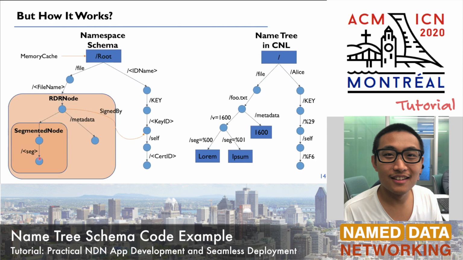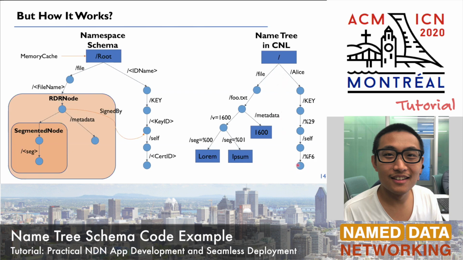So it handles segmentation. And on the right-hand side, I show you the runtime name tree, which is used in the CNL. So for example, if we use key as /alice/key/29, and the file is /file/full.txt, so we will have 4 data packets here.